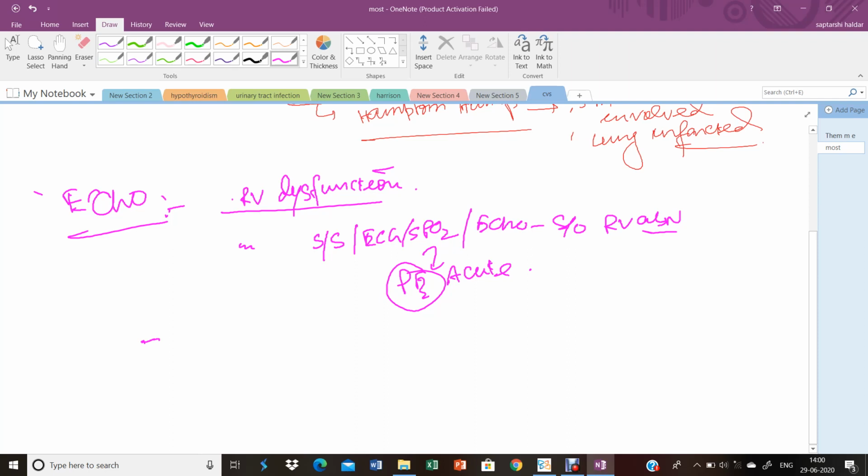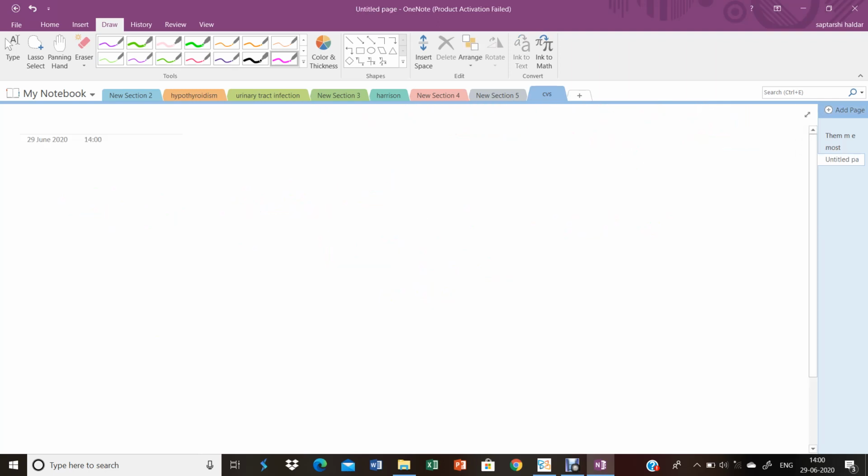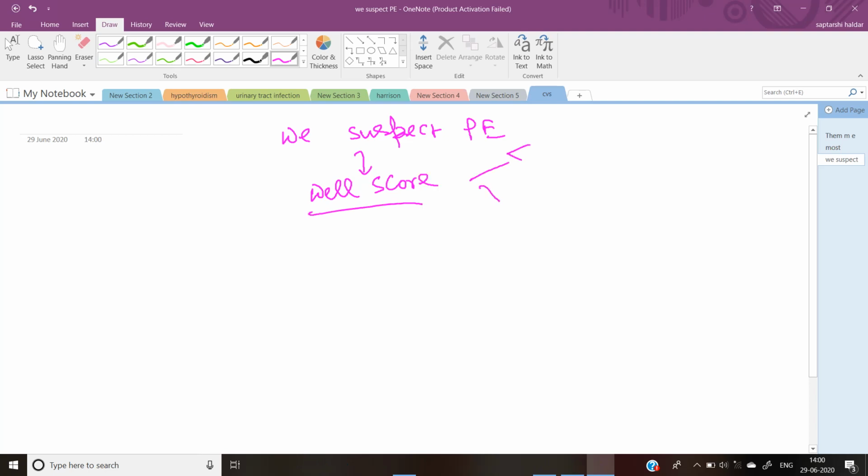When you suspect pulmonary embolism, the next step is to follow a score, the Wells score. If the score is less than or equal to 4, it is less probable.